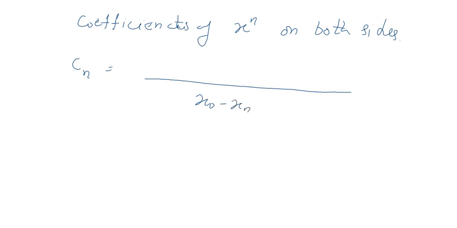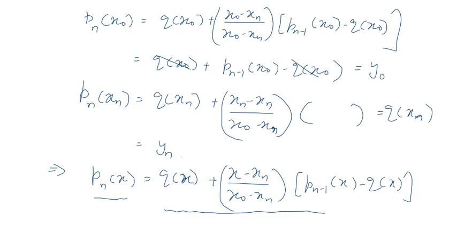Now the coefficient of x to the power n minus 1 here is cn minus 1. Okay, and the coefficient of x to the power n minus 1 here, that interpolates the data x1 to xn.